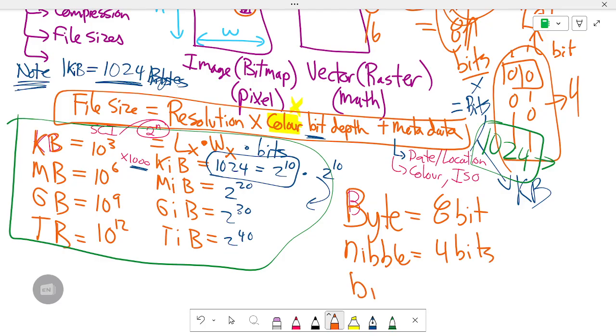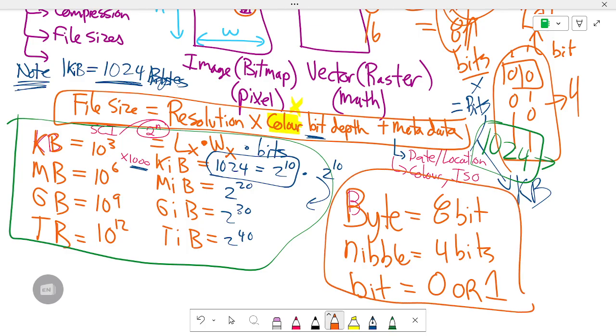And a bit is just equal to a 0 or a 1. That's just 1 bit. So you need to understand bytes, nibbles, bits, kilobits, megabits, gigabits, terabits about the data. And that goes into the hardware and stuff like that. Cool.